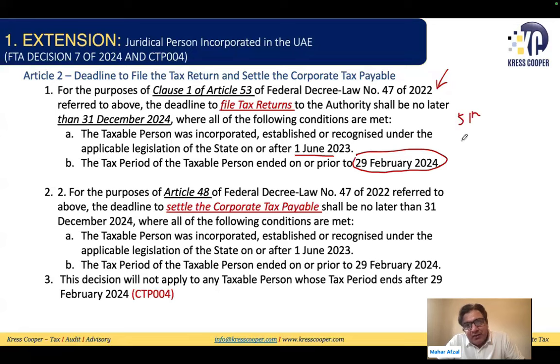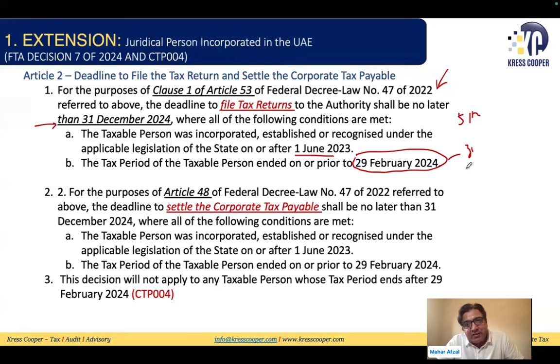Meaning, if your financial period is ending, assuming 31st December 2023, the return was due by 30th September 2024, but now they are saying you can submit it by 31st December. They have given an extension of October, November, December, 3 months.